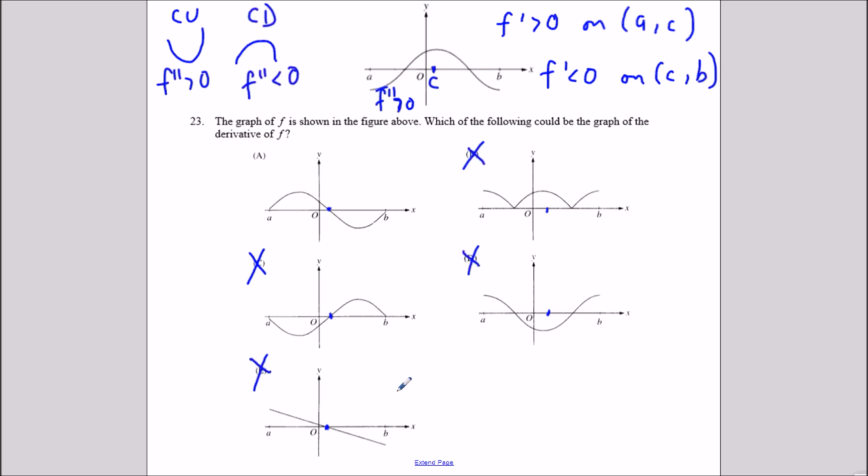And if the derivative is always decreasing, that means f double prime is always negative. But this graph is not just concave down, it's concave up on this component here, and it's also concave up on this component. So that's why we eliminate choice E, and we're going to go with choice A here.